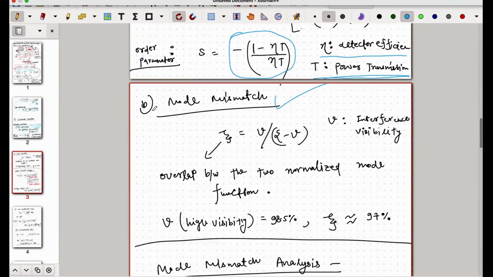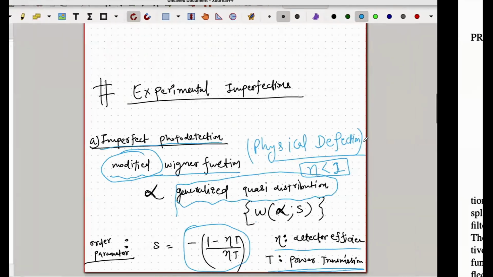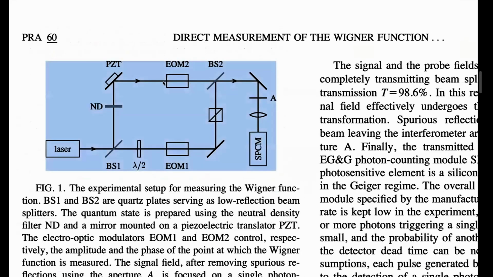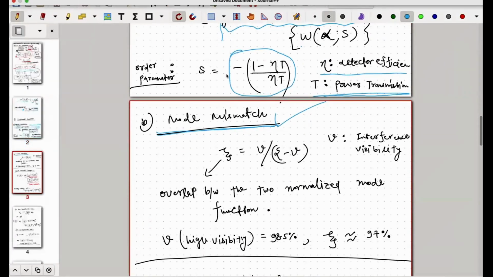And the mode mismatch, now this part is a little bit more interesting. So let me go to the setup again. So here this signal and probe are coming, and then they will have this mode mismatching, and the mode mismatching calculation can be done explicitly through the theory.